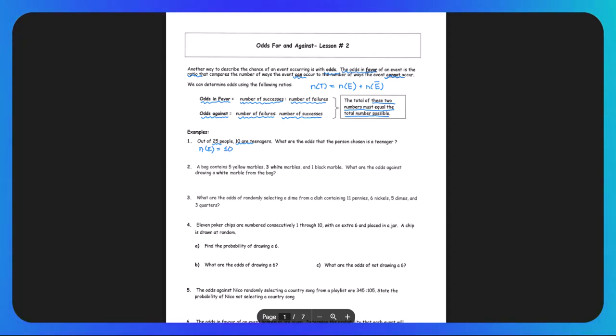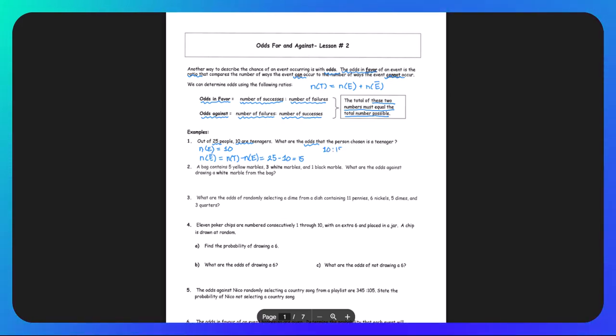Because there are 25 people, the number of not teenagers equals the total minus the number of teenagers, which is 25 minus 10, which is 15. So if we were to say what are the odds that the person chosen is a teenager, we would say that it is 10 to 15.